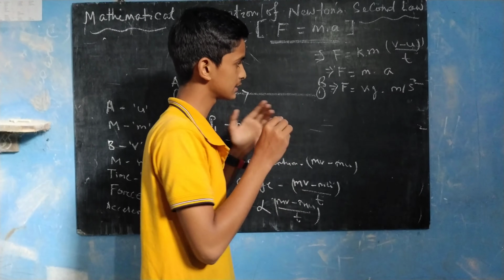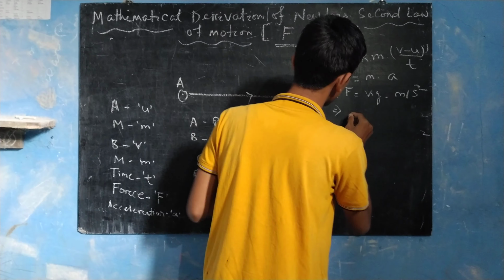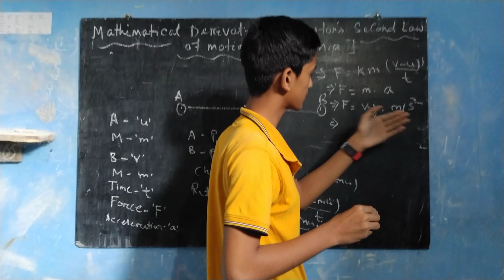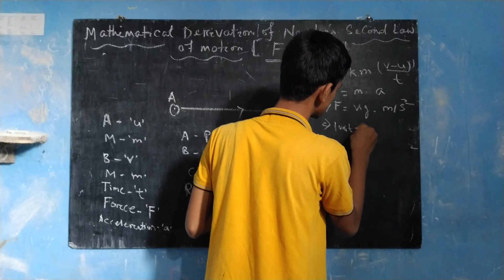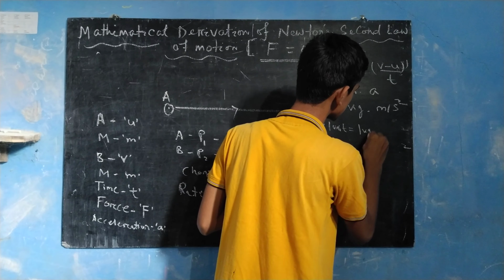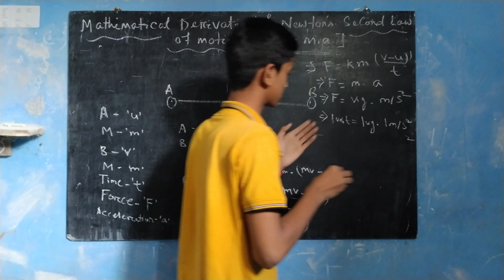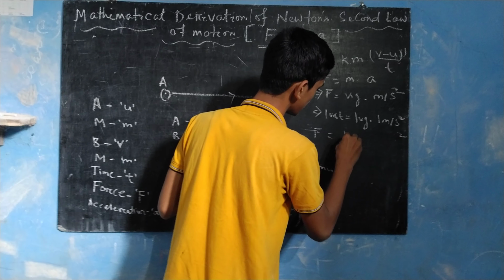It is denoted by capital N, and here 1 kg mass into 1 meter per second square, that is 1 unit force, equal to 1 kg mass into 1 meter per second square. It is otherwise called F is equal to 1 Newton.